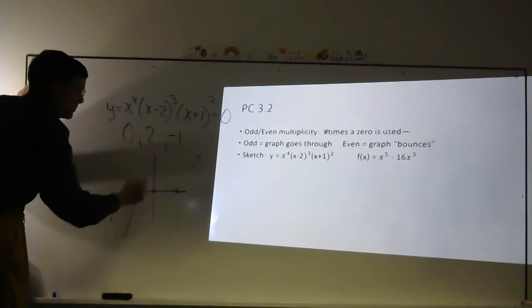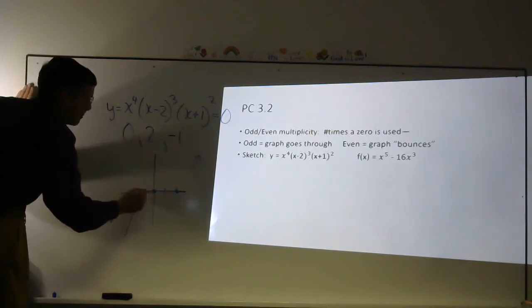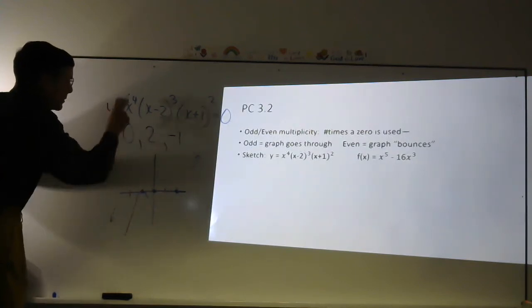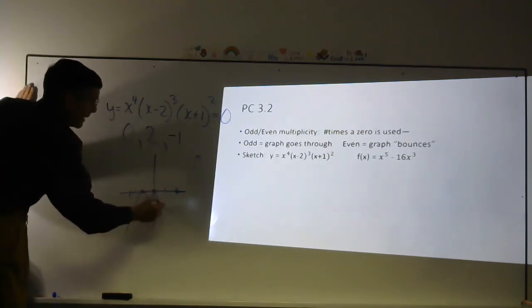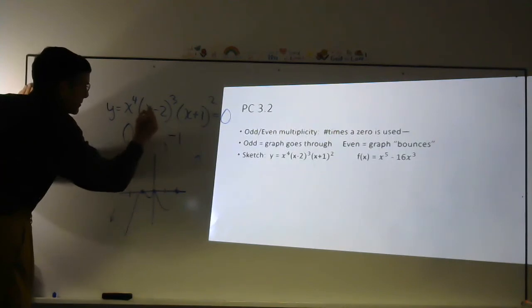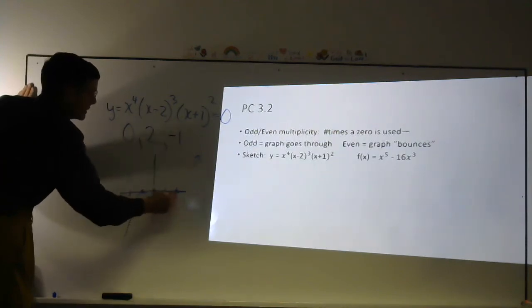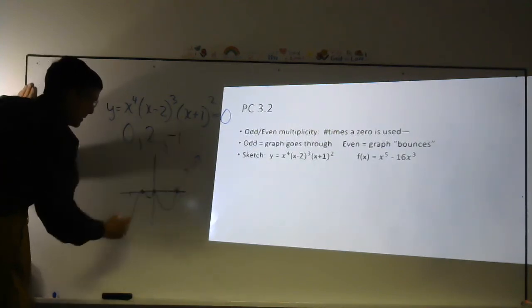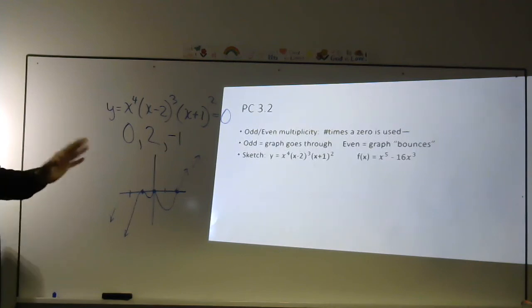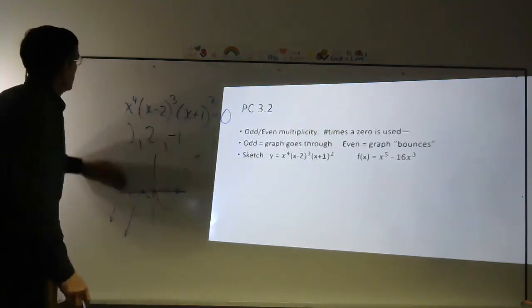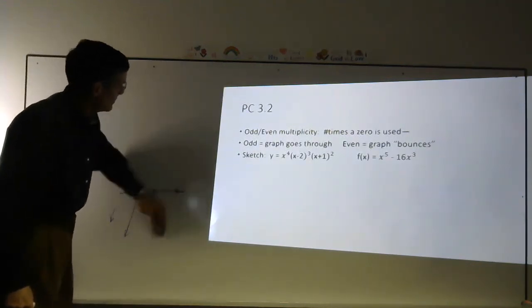But -1 was used twice, so it has to bounce. 0 was used 4 times, so it has to bounce. And then +2 was used 3 times, so it'll go through and continue up the way that we thought it should. See how easy that is? Of course, it was already factored. The next one is not factored.